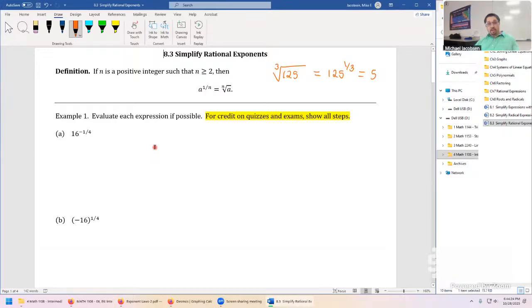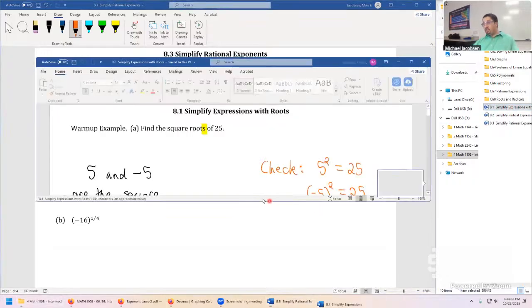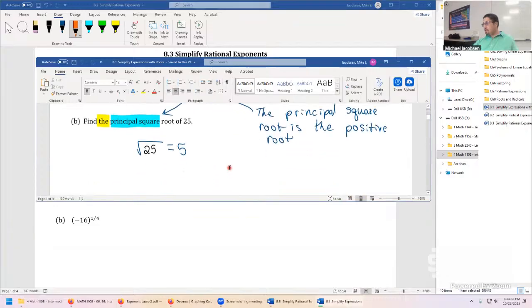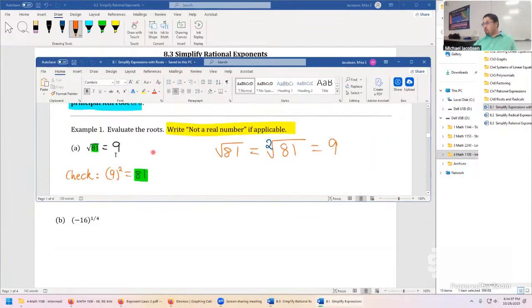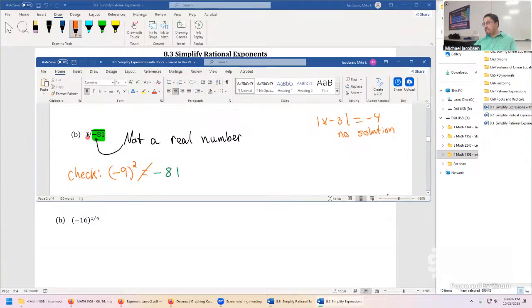If the root is even, we have to be a little bit careful because sometimes things are undefined like we saw in section 8.1. Let's take a quick preview of that. If we have an even index and we take the square root or an even root of something negative, these occasionally turn into not a real number. So that's the one exception that we have to watch out for.